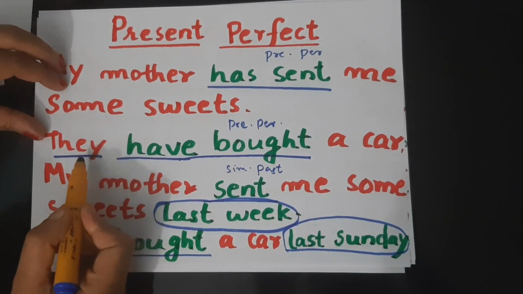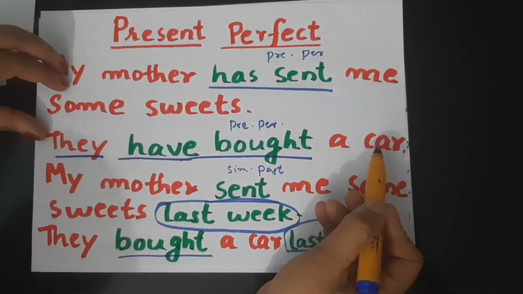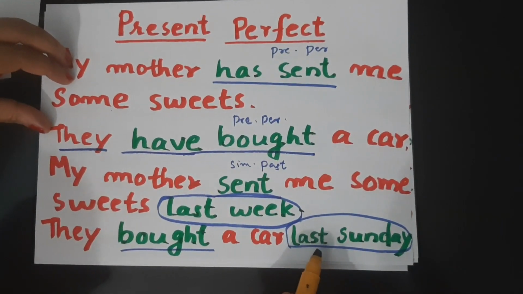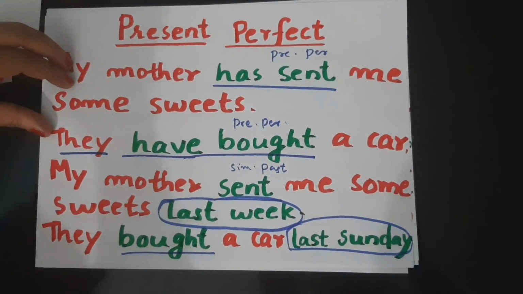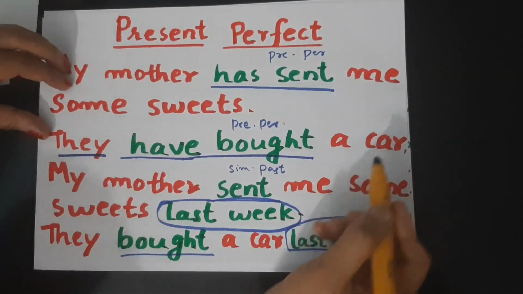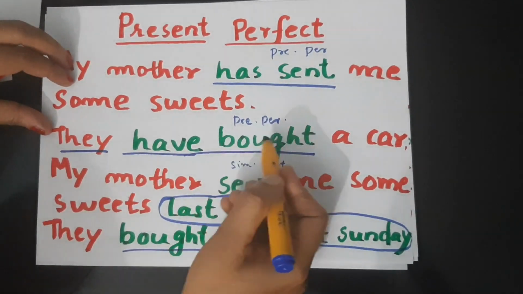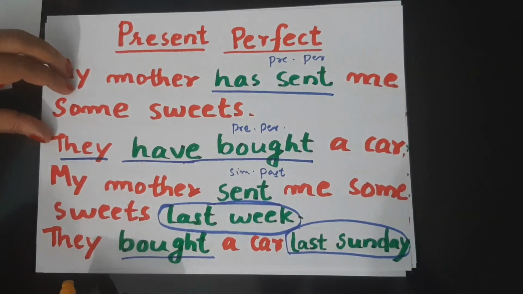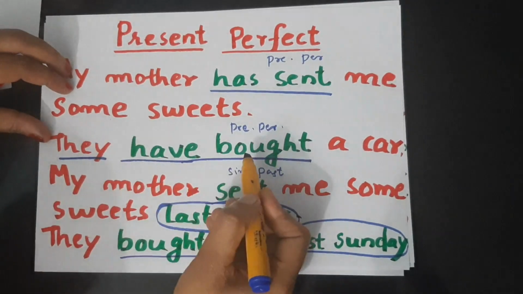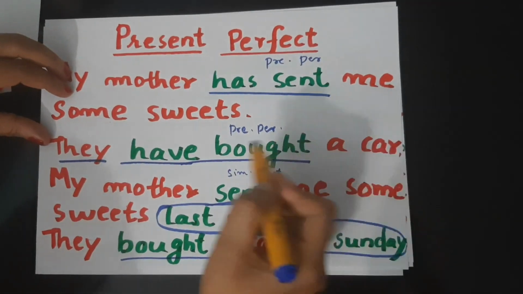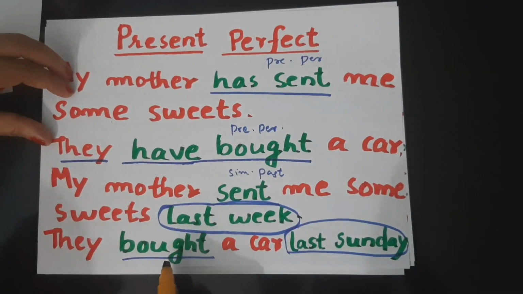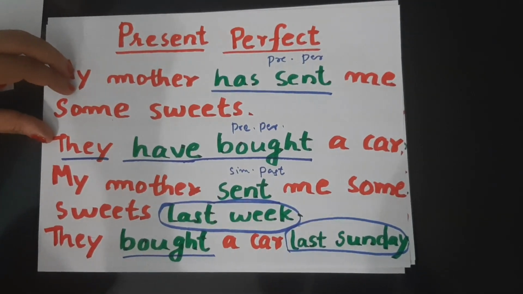Here you see, they have bought a car. Here, last Sunday, that point of time is not mentioned. So you can use present perfect here. So that's why they have bought a car is present perfect. They bought a car last Sunday.